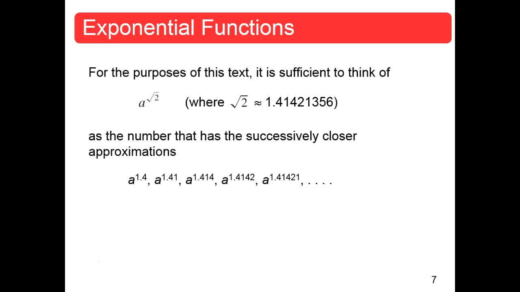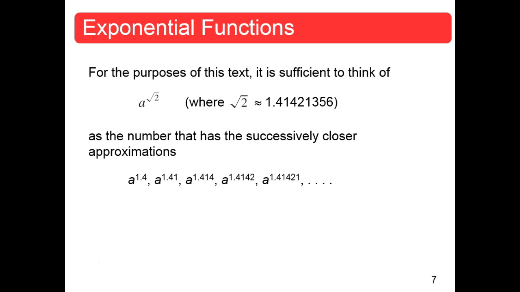For the purpose of this text, it's sufficient to think of a to the square root of 2, where square root of 2 is an irrational number. You can approximate that to 8 decimal points with 9 significant digits, if you wanted to.